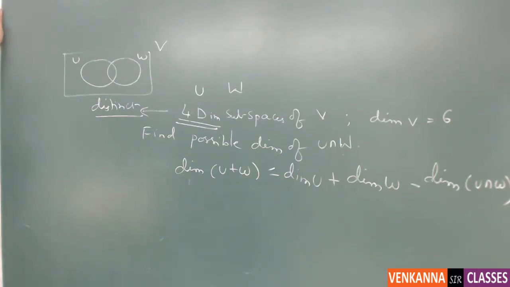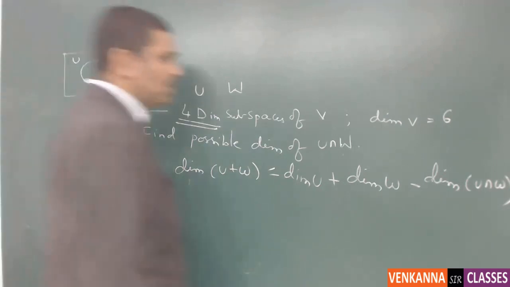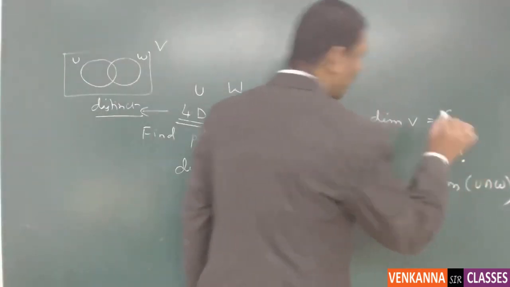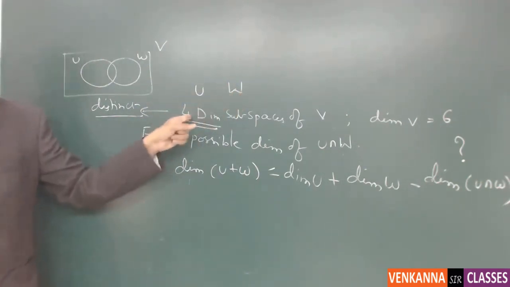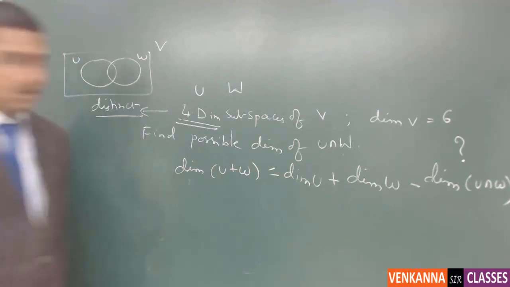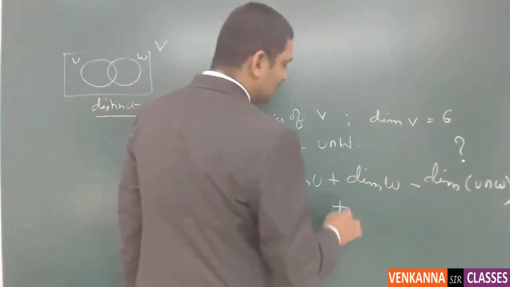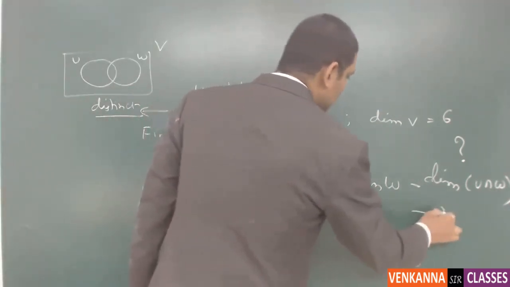Yes or no? Right. Now, you are going to find what is the dimension of U intersection W here. You know one thing that U and W have dimension 4. So this is 4 and this is 4. And this is not known, this is x.